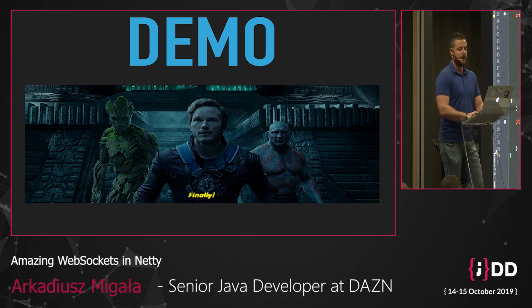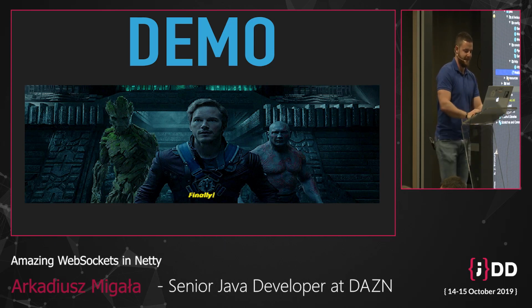And here we are using the channel promise, because here we return immediately, and if this operation is completed, then we will log on our server that there was a handshake. So let's check this example.